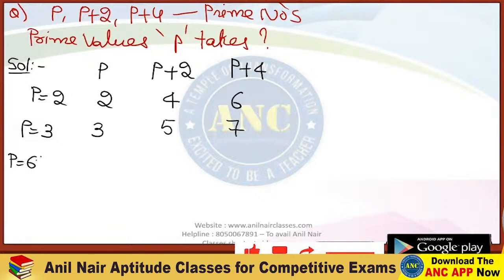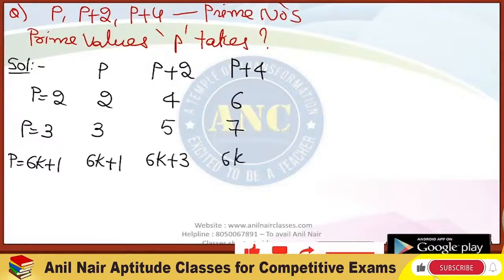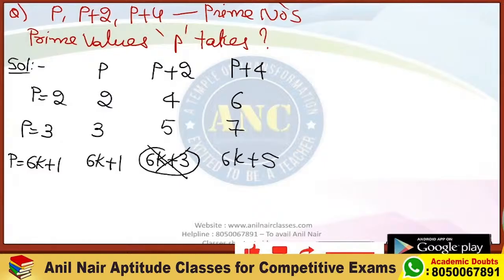Greater than 3, take 6k plus 1. So these are 6k plus 1, 6k plus 3 and 6k plus 5. 6k plus 3 is divisible by 3. So there is one value, P plus 2, which is divisible by 3.